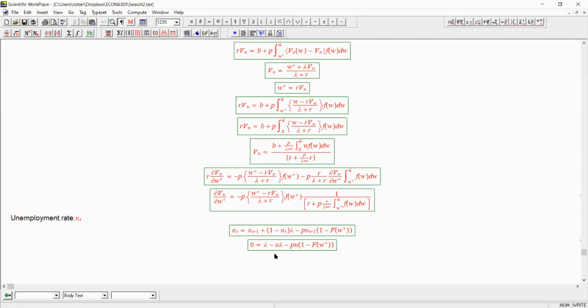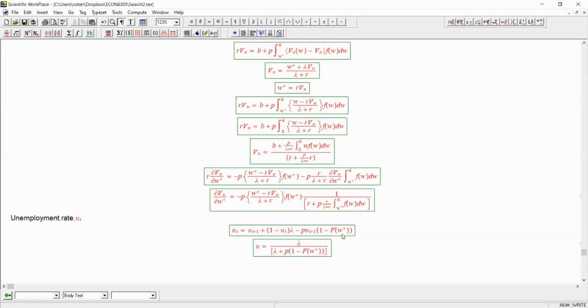And we can collect all terms that have U in them over here. Factor out U. And we have found our steady state unemployment rate.